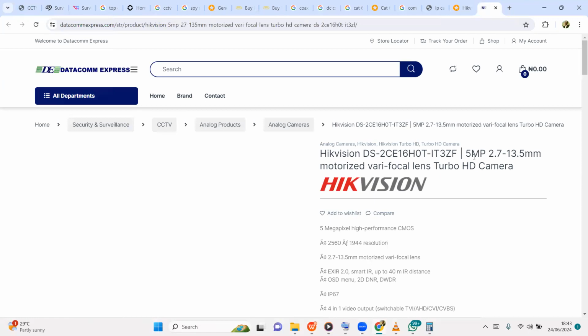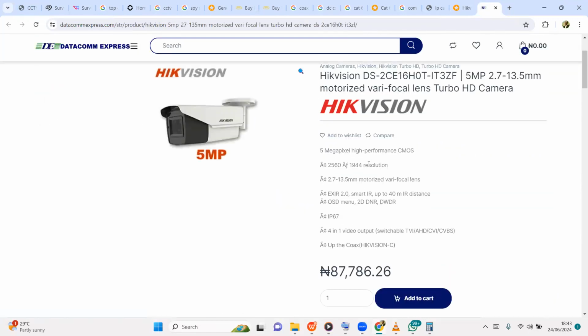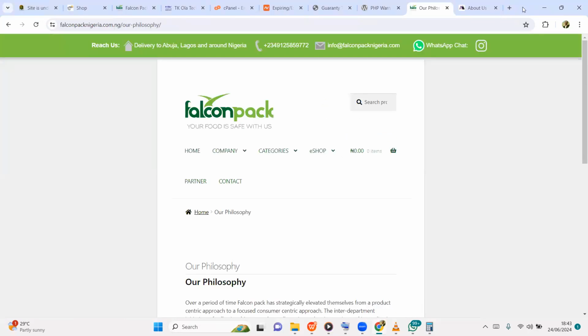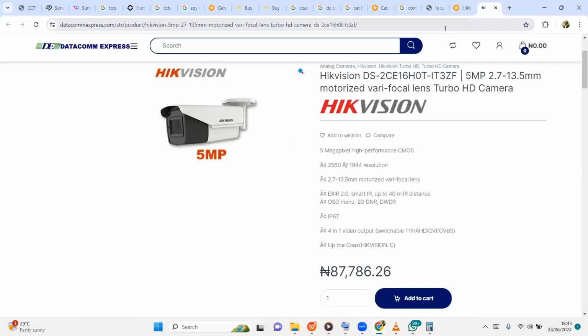Okay, so this is about loading. This is what a 5MP high vision camera looks like, and this is the average price. This is 5MP, so it is going to be very sharp. Take, for instance, you want to be able to see plate numbers. If you want to see plate numbers, 1MP or 2MP might not be so sharp for you.